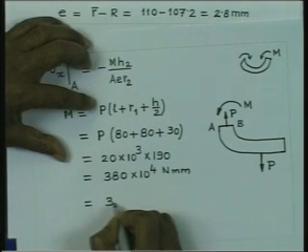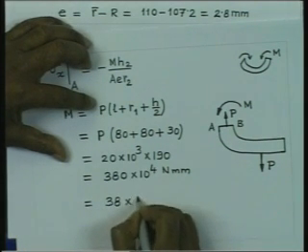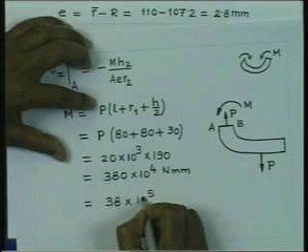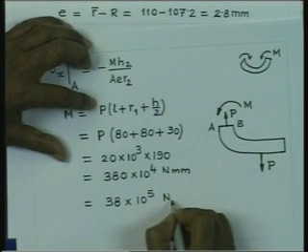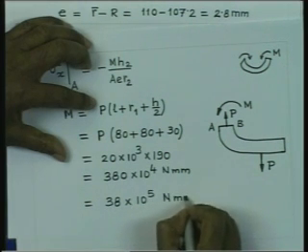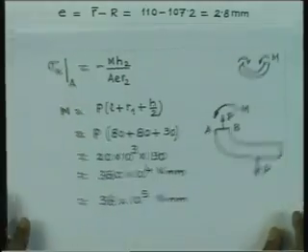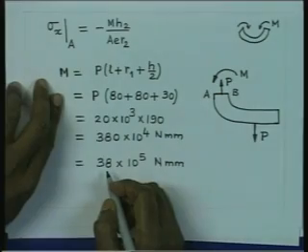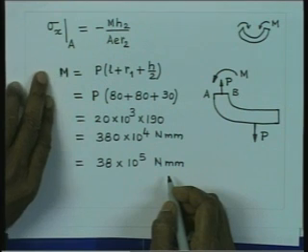Same thing as 38 into 10 to the power 5 Newton millimeter. So we have got the bending moment as 38 into 10 to the power 5 Newton millimeter.